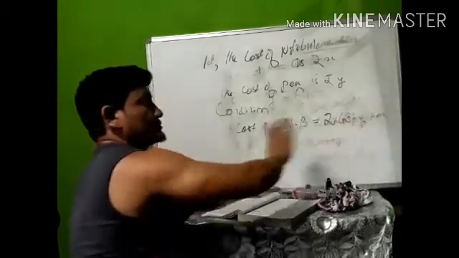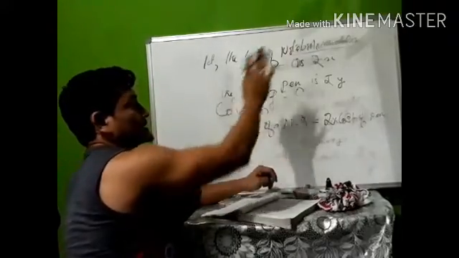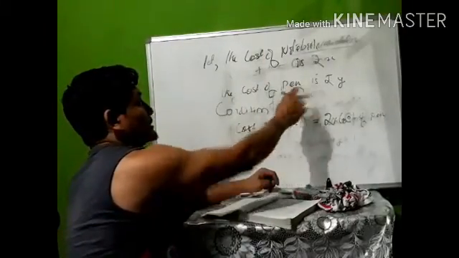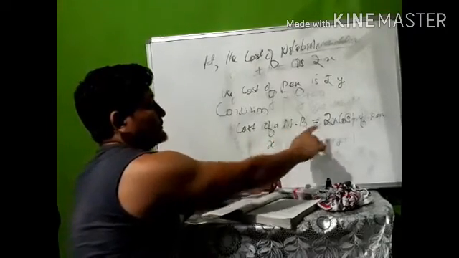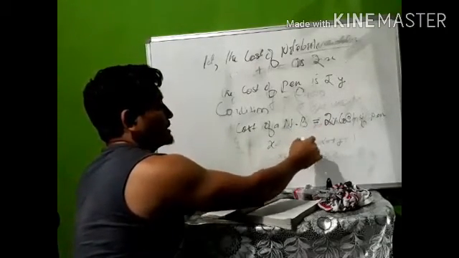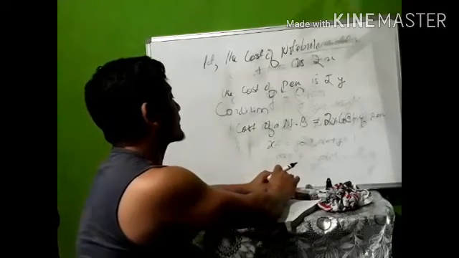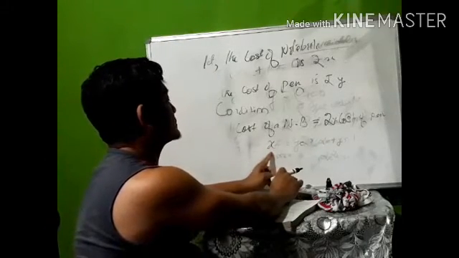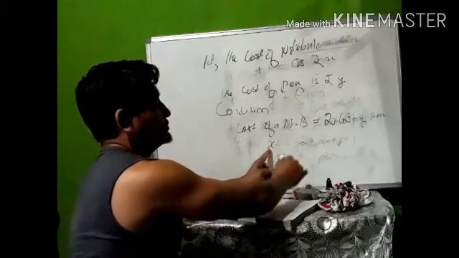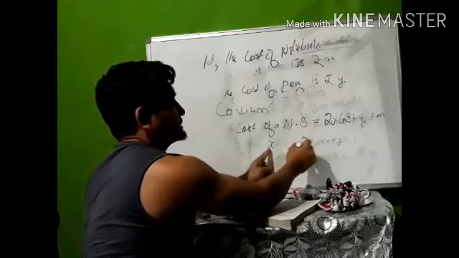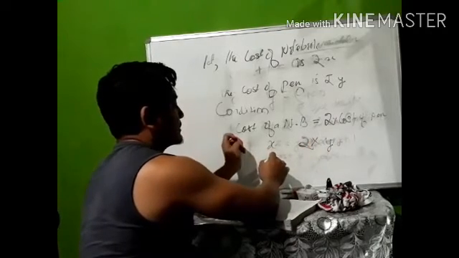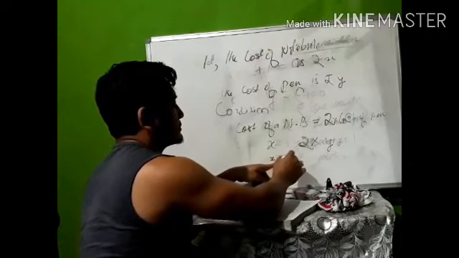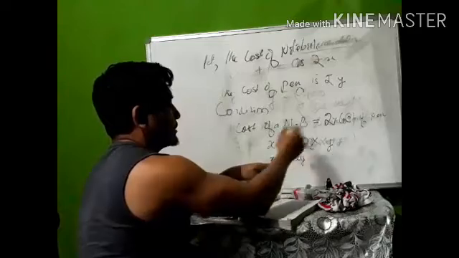All you have to do is express this in x and y. The cost of the notebook is already given, that is rupees x, and the cost of the pen is y. So the cost of the notebook is equal to twice the cost of the pen, that is y. Your equation will be x equals 2y.